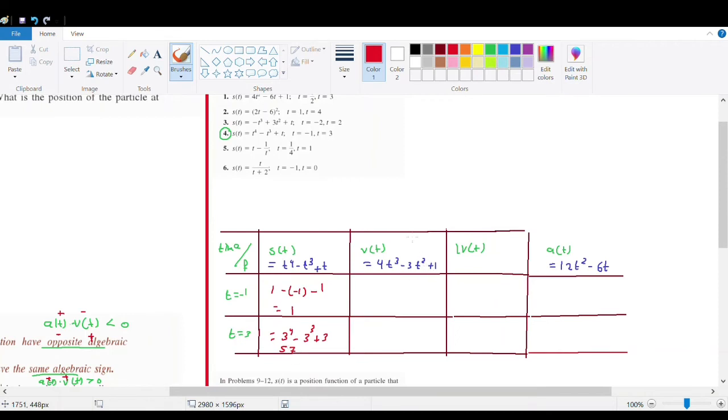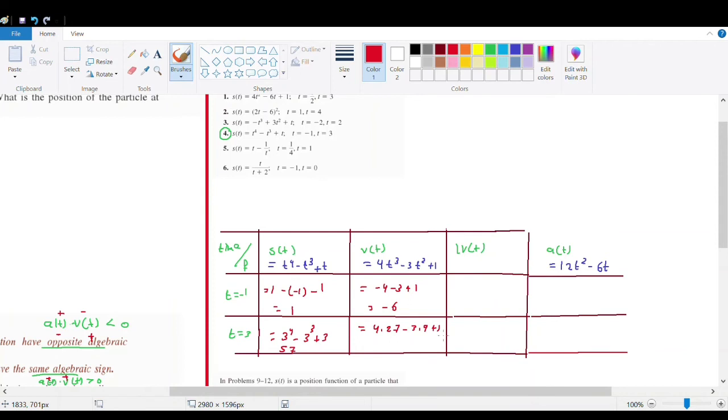Then the velocity at t equals -1: 4 multiplied by -1 is -4, then minus 3 plus 1, so -7 plus 1 gives us -6. For t equals 3, we have 4 multiplied by 27, then minus 3 multiplied by 9, then plus 1.